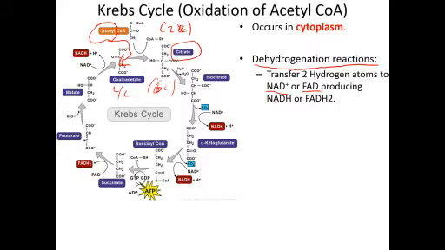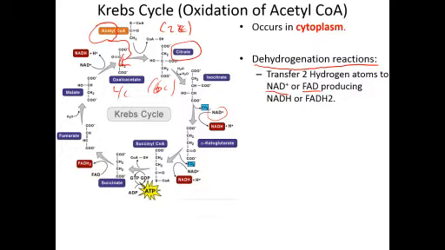So here, for example, isocitrate is converted into alpha-ketoglutarate. It involves the transfer of the hydrogen atoms and electrons to NAD+. In this case, isocitrate is oxidized to alpha-ketoglutarate.